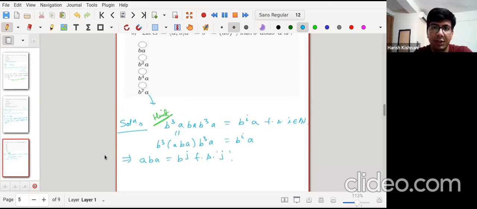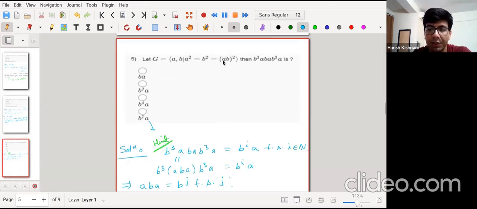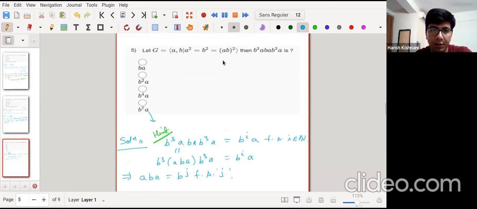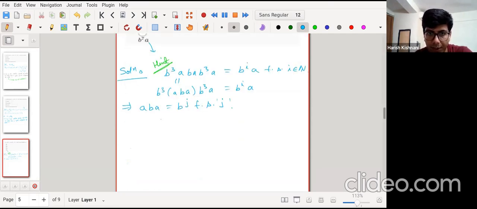That is easy to see from the given relation. You have b square equal to ab square. So this is abab, and this power of b will cancel out with that power of b. That simply implies that aba is your b.